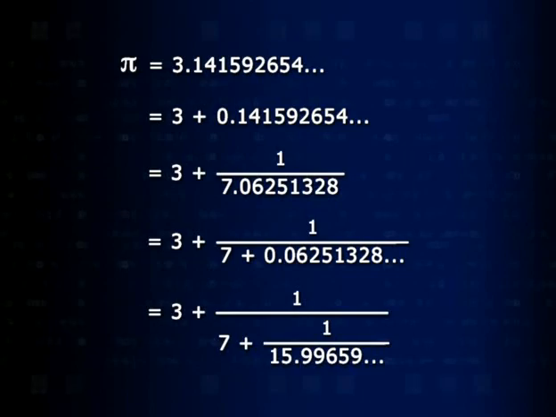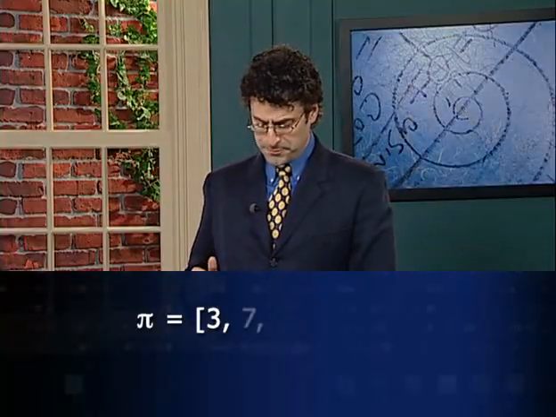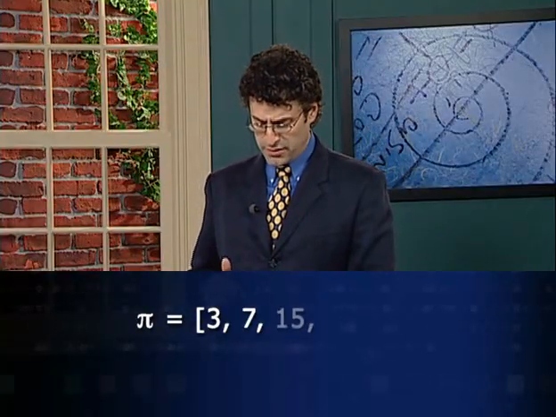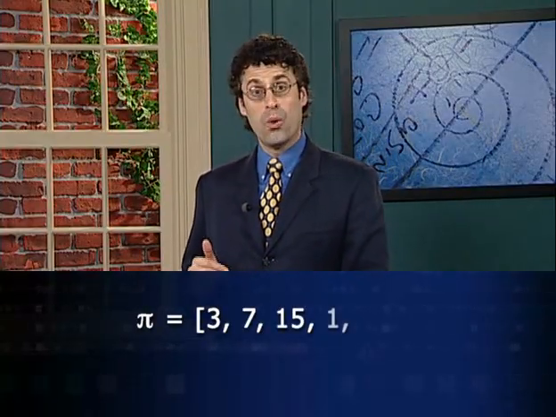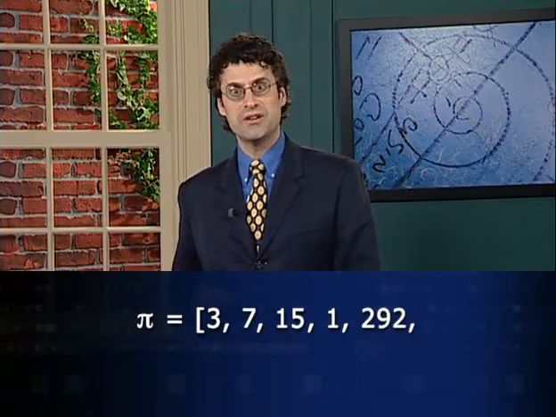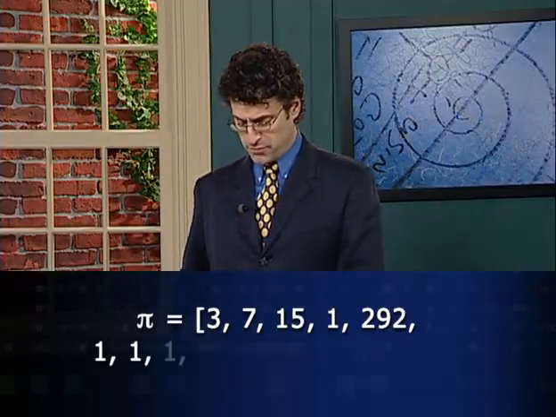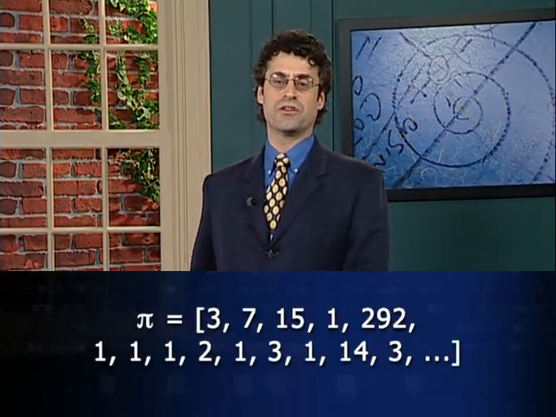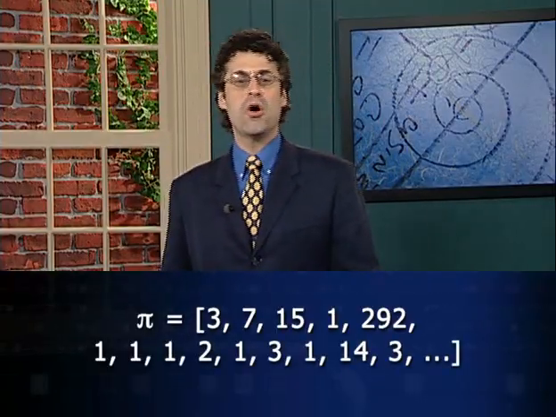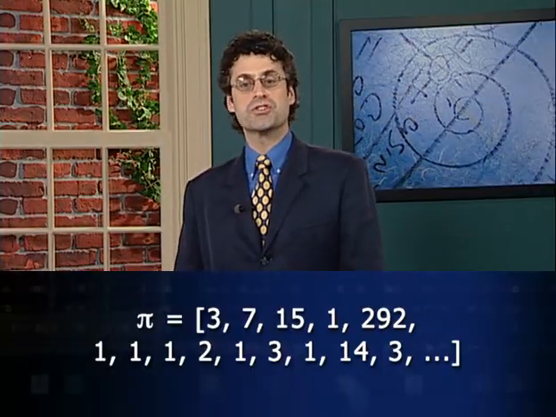And if we continue this process, we develop the continued fraction for pi, which begins 3 plus 1 over, 7 plus 1 over, 15 plus 1 over, 1 plus 1 over, 292 plus 1 over, 1 plus 1 over, 1 plus 1 over, 1 plus 1 over, and it goes on and so forth. Again, there appears to be no obvious pattern to the partial quotients.